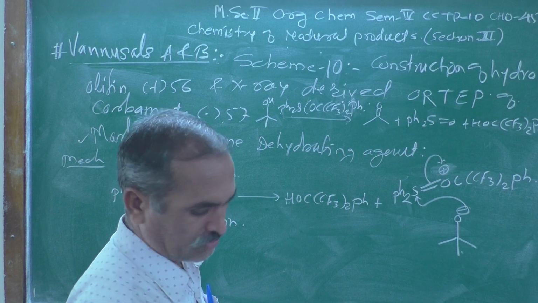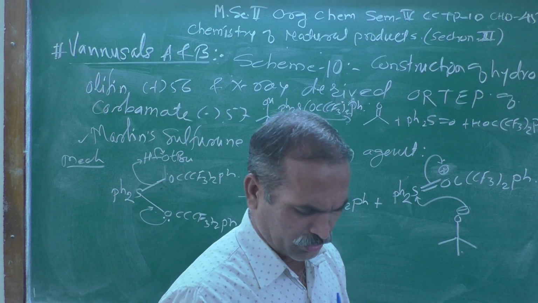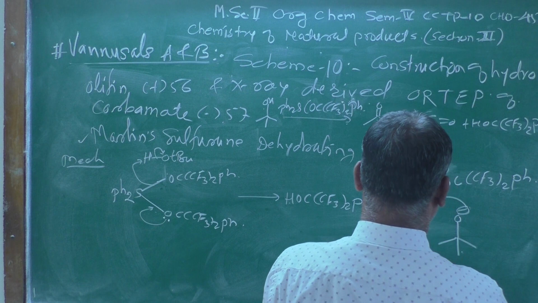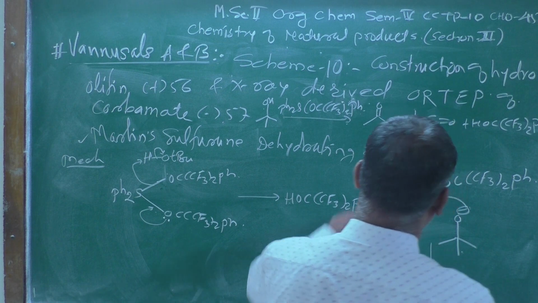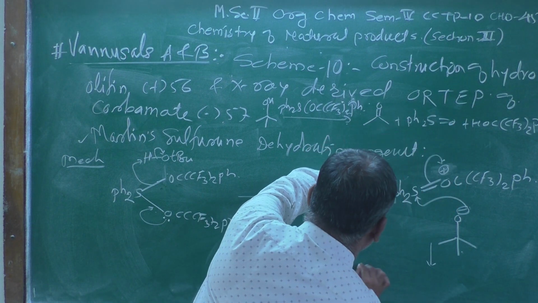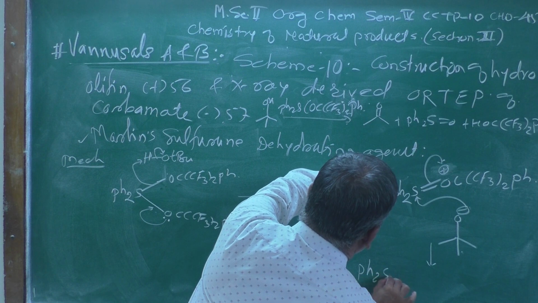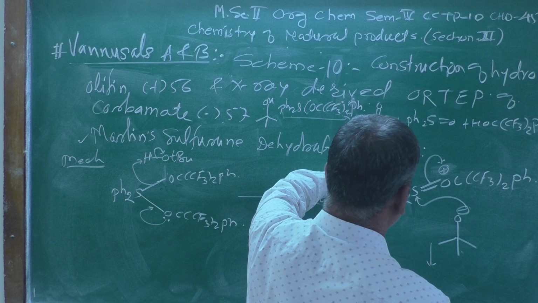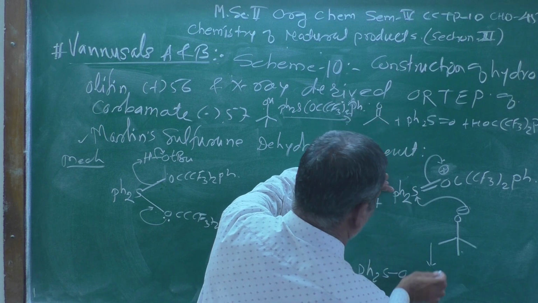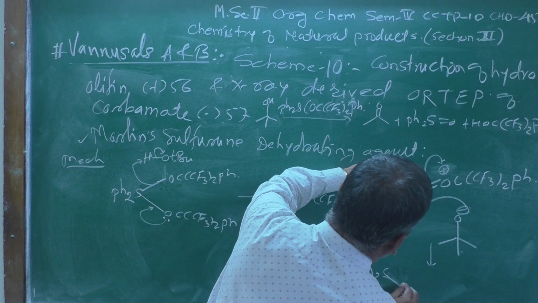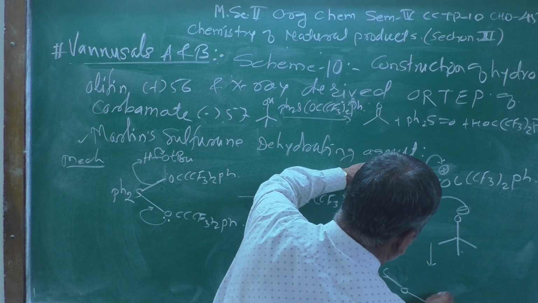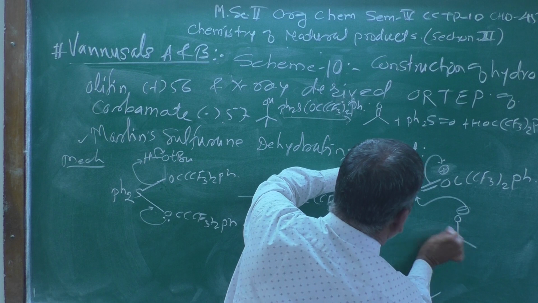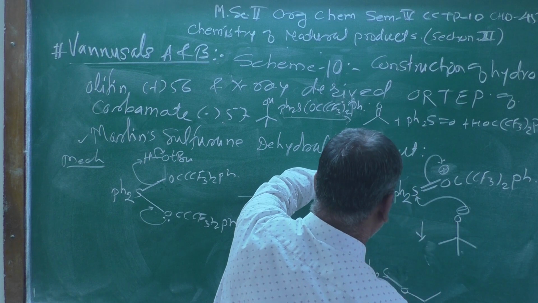then what do you get? I am showing this arrow here. So let us see, here Ph2, yes, then attach here O, right. Here you can write O directly here, this one. Here I am showing as arrow.